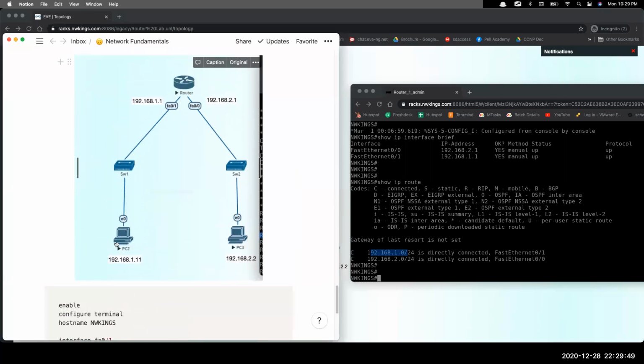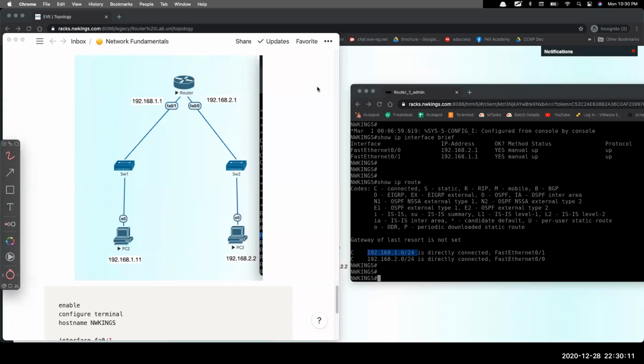The router would not save 100 computer IPs in its routing table. It only saves the house of IP addresses, or you can say the network ID in networking terminology. Network ID means all IPs belong to this network. Because when we have another router, okay, when we have another router here.